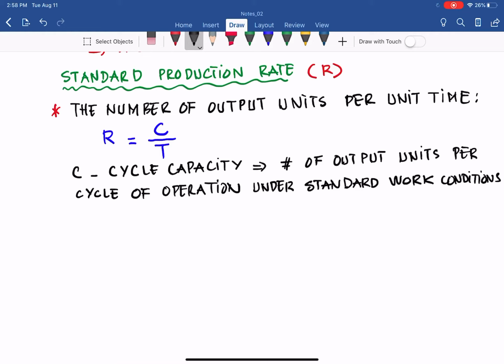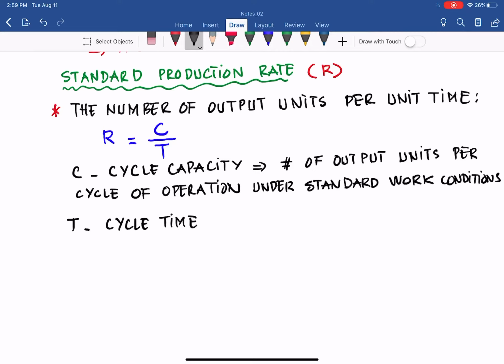For example, if a dump truck goes back and forth to load the material, dump, and go back, that is one cycle. And the cycle capacity is the volume that truck can carry one time. That is C. And of course, then we have T, which is cycle time.